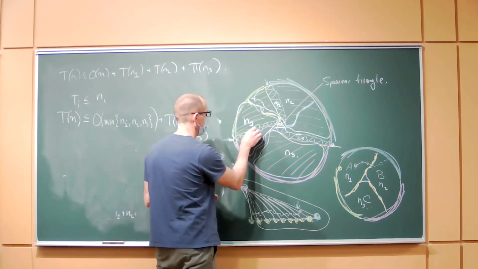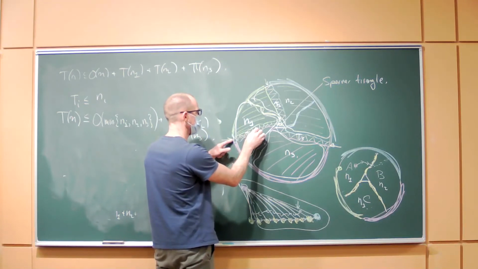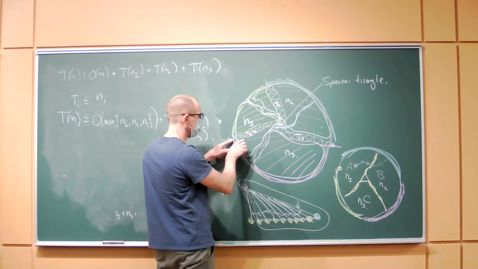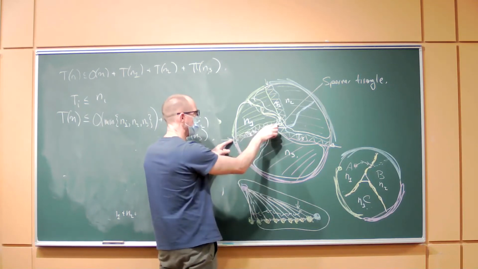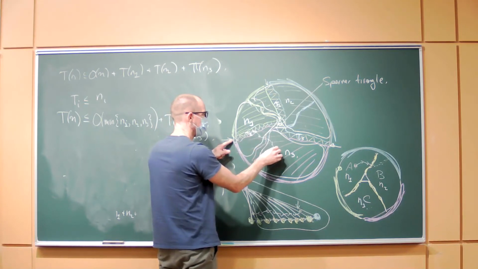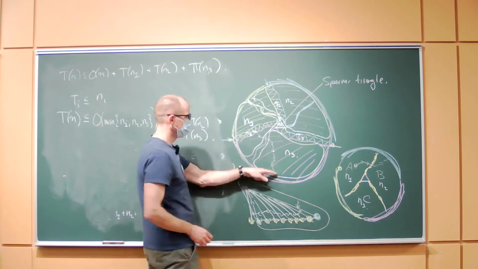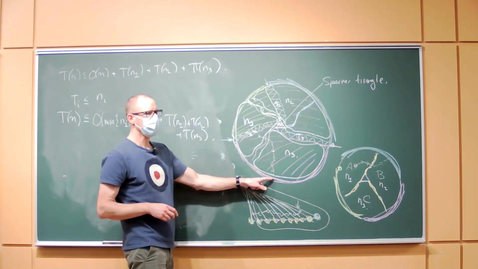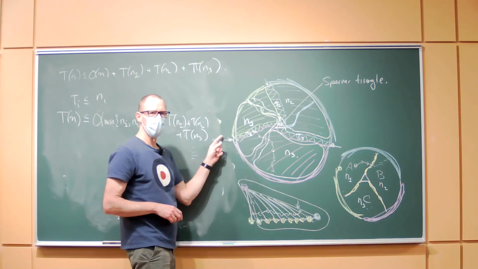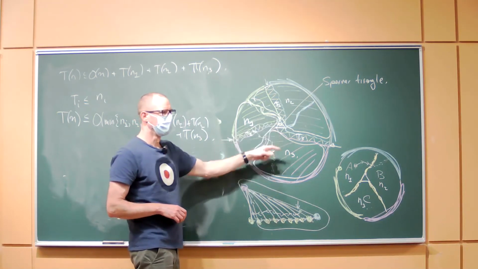For instance, to determine the color of one of these things, this is a tunnel whose length is less than n1, but to figure out the color of that vertex, I end up having to walk over here into this thing, which is not related to n1, it's related to n3. So the time to walk down this tunnel isn't necessarily related to the length of the tunnel.